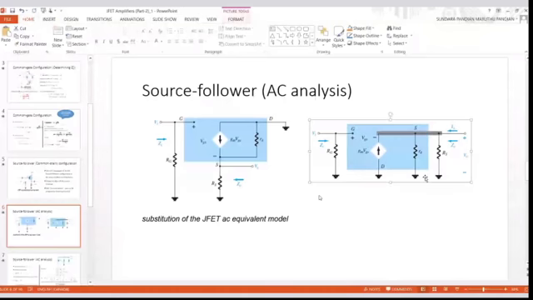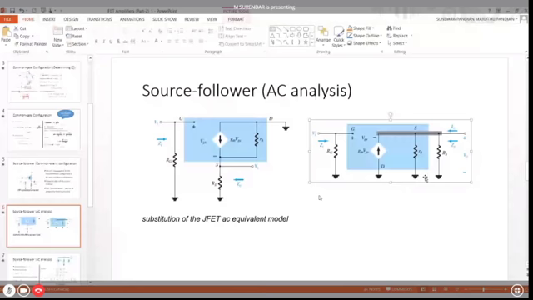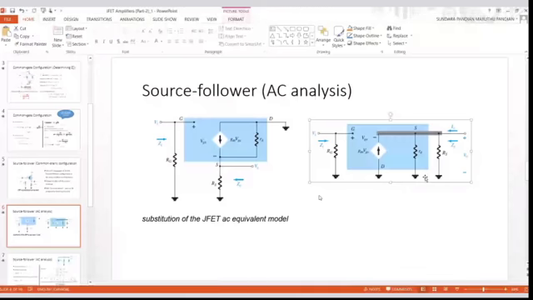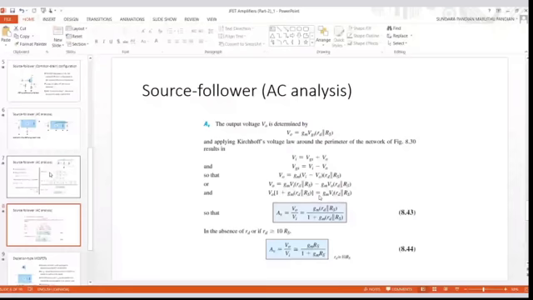For that we require the current that is passing through the circuit, correct? The current we have here is GM into VGS. So we can find the effective resistance of RD and RS, so that V output will be equal to GM into VGS into RD parallel with RS. That is the output voltage.